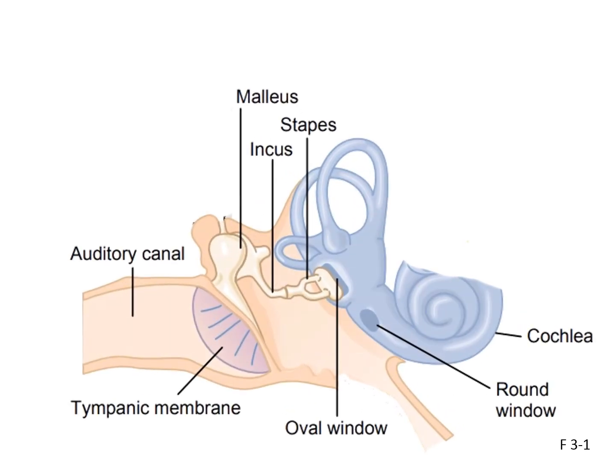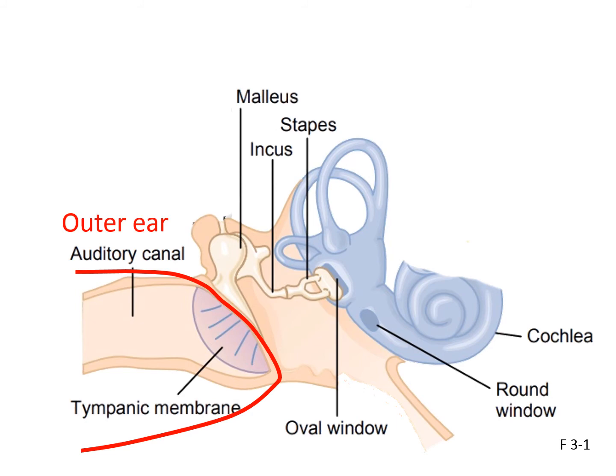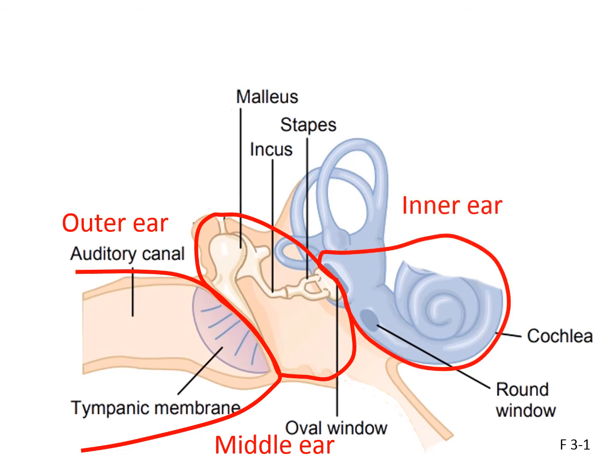Remember, the sound wave came through the outer ear to the tympanic membrane. From here, we have the middle ear, and we can clearly see the connection between the eardrum to the malleus, which connects to the incus, and this in turn moves the stirrup, which then physically pushes into the oval window to send the information into the inner ear.